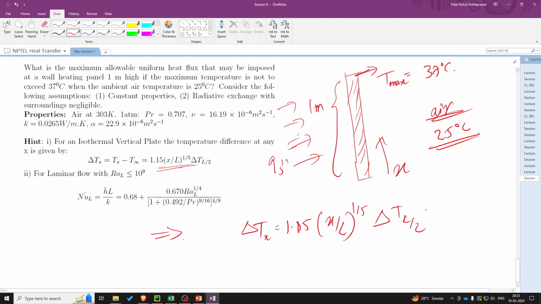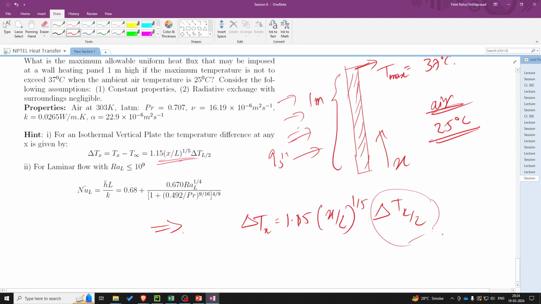But first we need to find this delta T at L by 2. So for that, if x equal to 1, then we already have this delta T: the maximum temperature is 37, so it will become 37 minus 25, equals 1.15, since x equal to L, that's 1 meter, so this term will become 1, and from that we can get the temperature difference at this point, this delta T at L by 2.